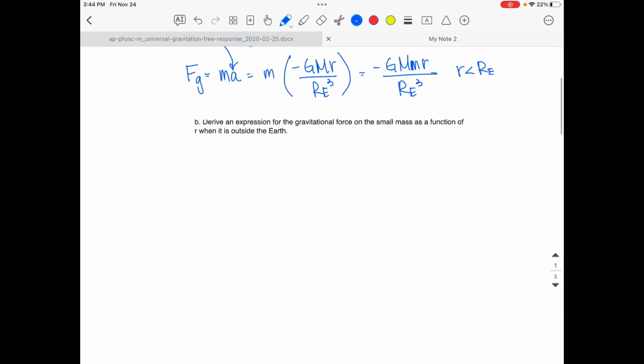For part B, it says derive an expression for the gravitational force on the small mass as a function of r when the mass is outside of the Earth, so when r is greater than the radius of the Earth.